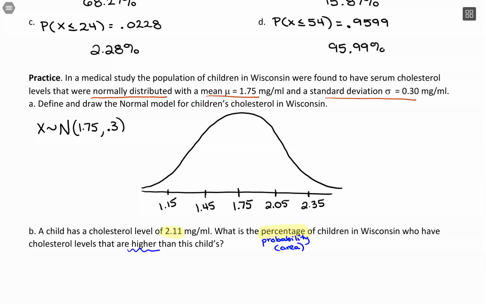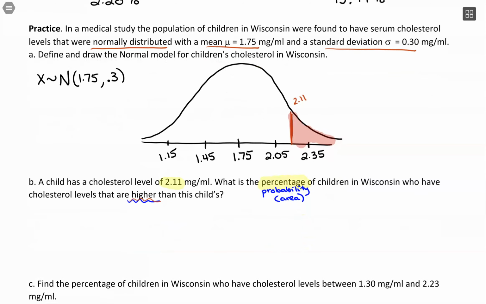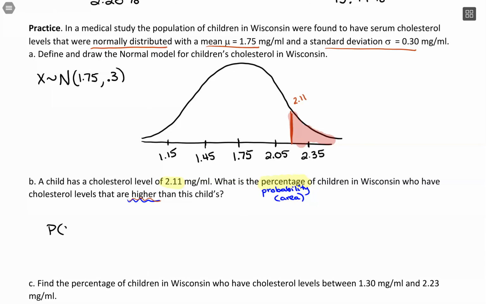So 2.11 is going to be my cutoff. Just to draw a sketch up here, 2.11 is maybe there-ish. It's definitely between 2.05 and 2.35. And then I want the probability being higher than that value. So that value or higher is going to send me to this right-hand side. So I want to find this probability that our variable is more than or equal to 2.11.